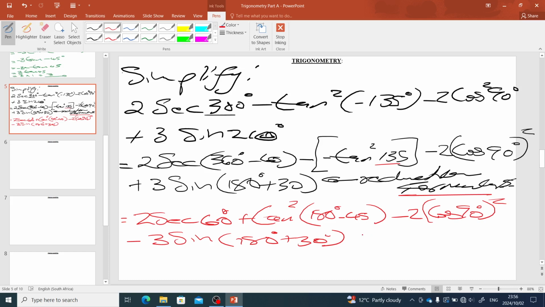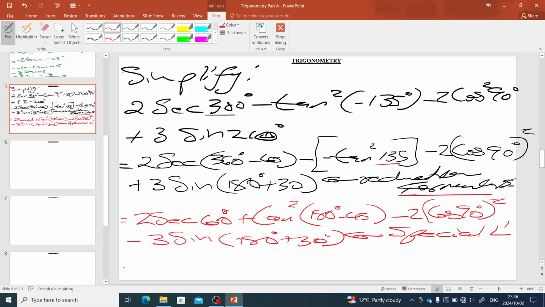Then from here, we can use the special angles. Sec is the reciprocal, 1 over cos. We know that cos 60 is half, so sec 60 will be 2.